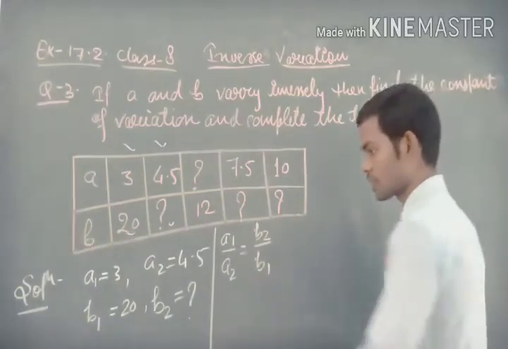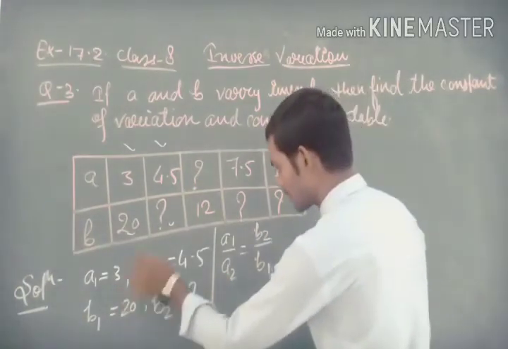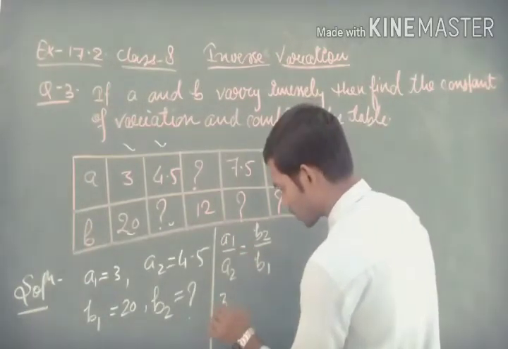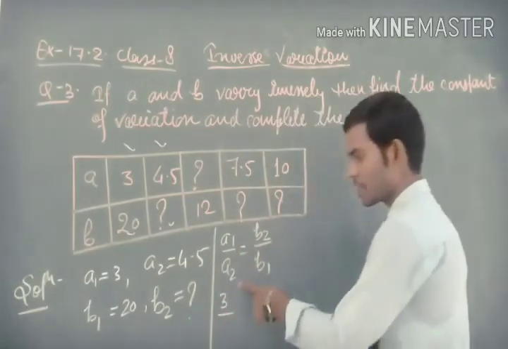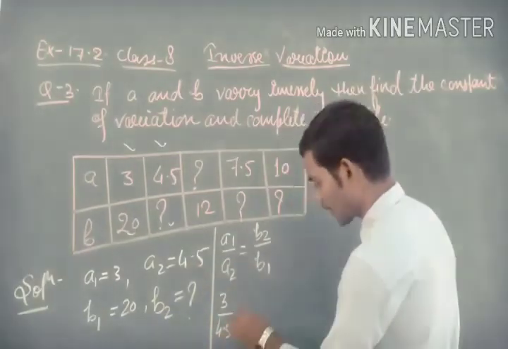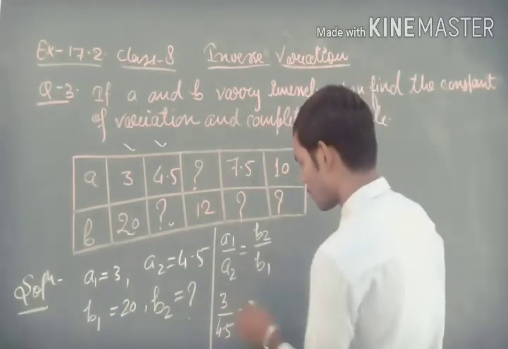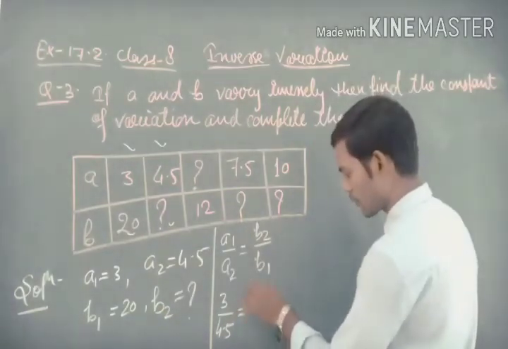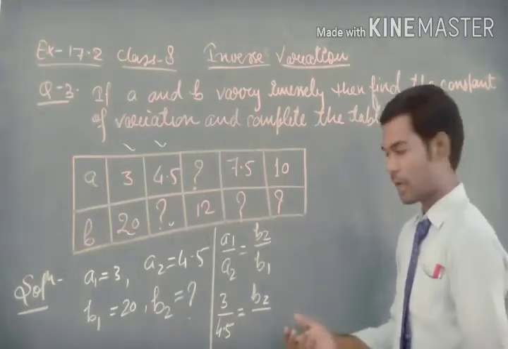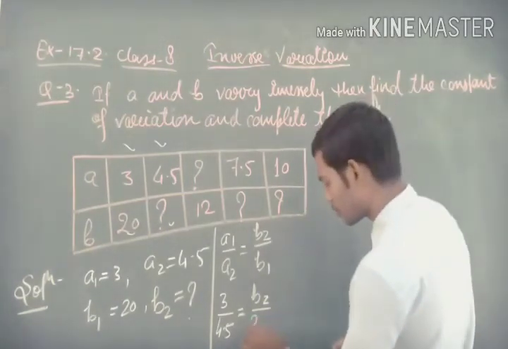In order to solve this question, we use the formula A1 upon A2 is equal to B2 upon B1. Here we put these values in this formula to get our required result. The value of A1 is 3, so write 3 in the place of A1, and the value of A2 is 4.5, so write 4.5, and this will be equal to B2, which we have to find, so leave it as it is, and the value of B1 is 20.